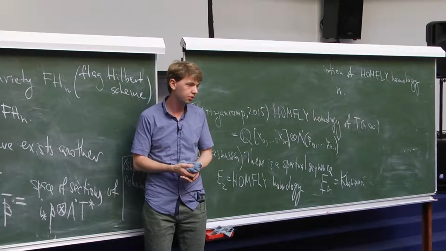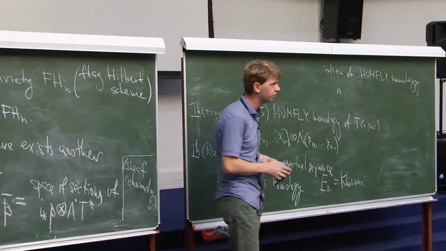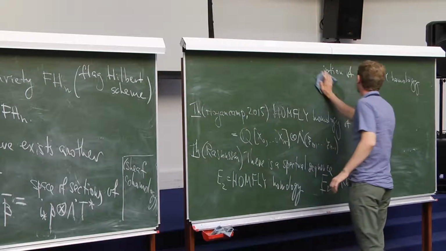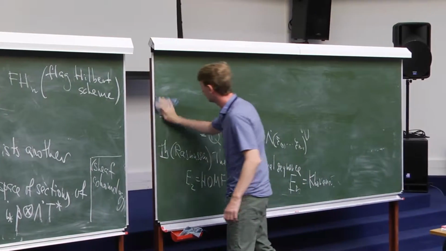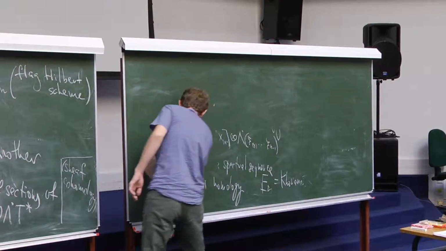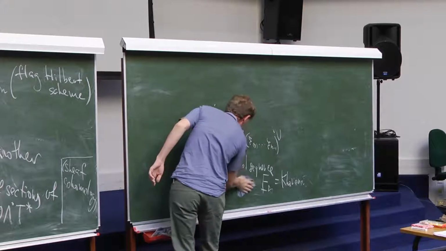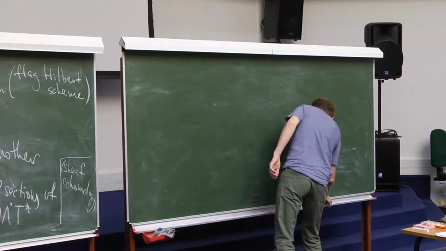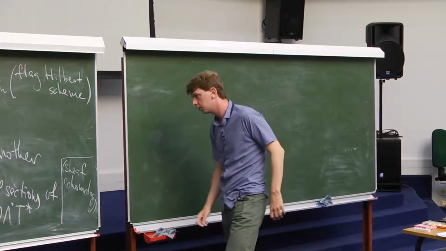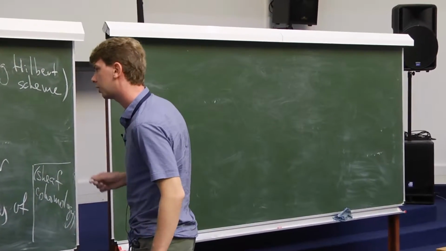For example, we can use Atiyah-Bott localization to fixed points and many different things. I'll say something about it later.